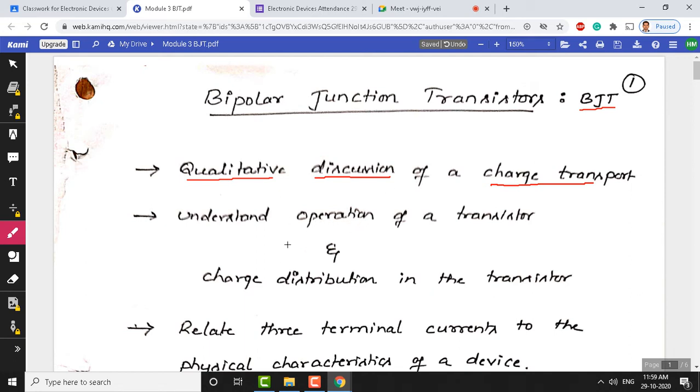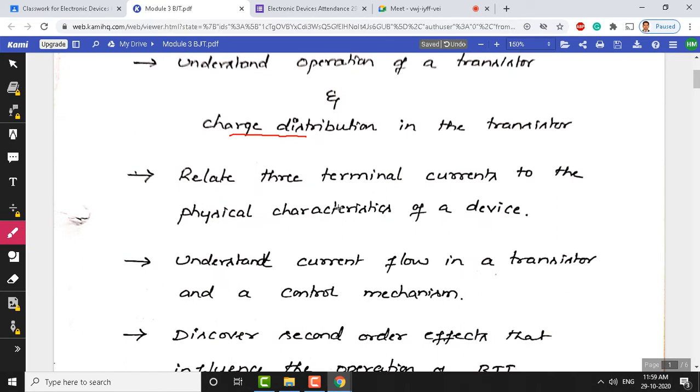You need to understand the operation of a transistor, and also the charge distribution in the transistor. Once we know how charges are distributed in each region, you can relate that to the three terminals of the BJT: namely the emitter, the base, and the collector. So we can relate the regions with these three terminals of the transistor.